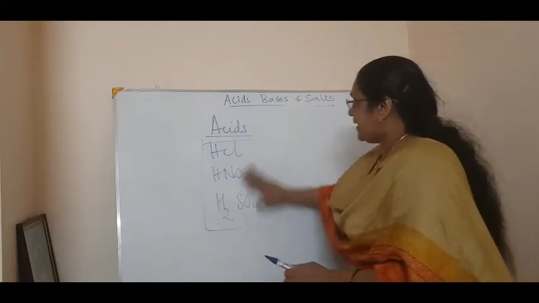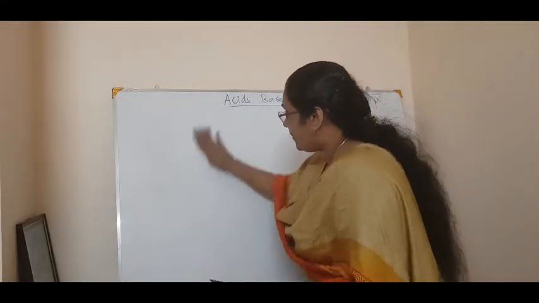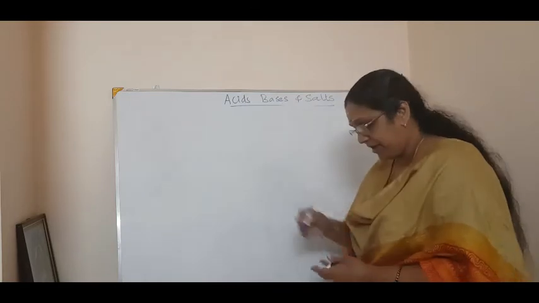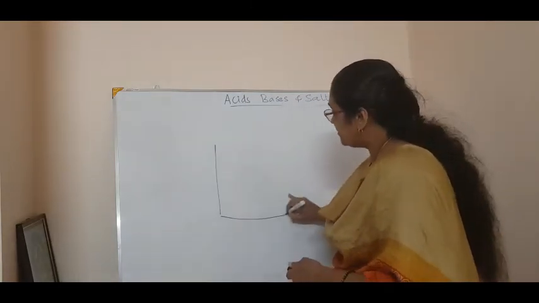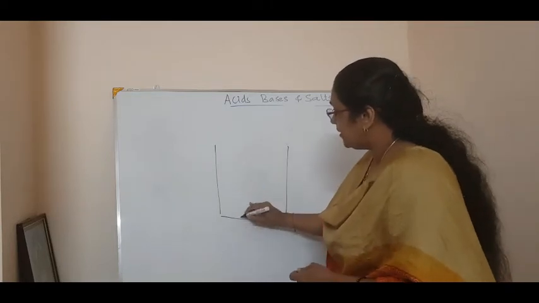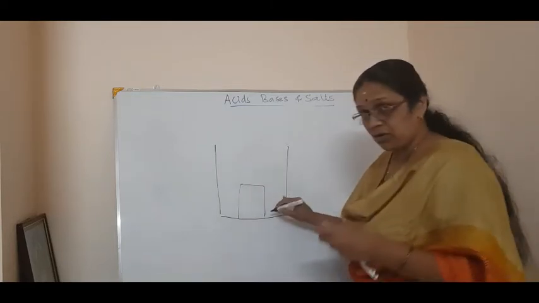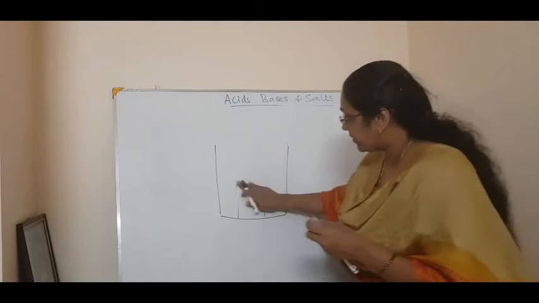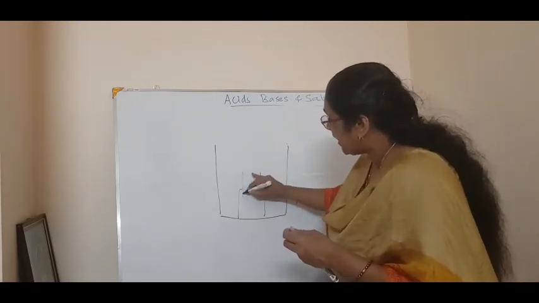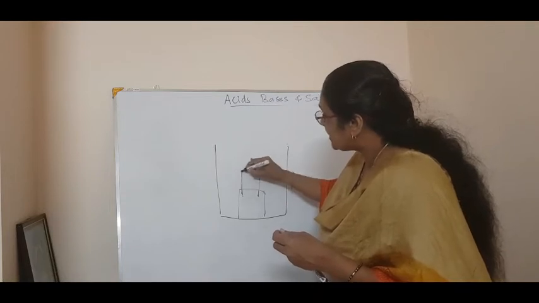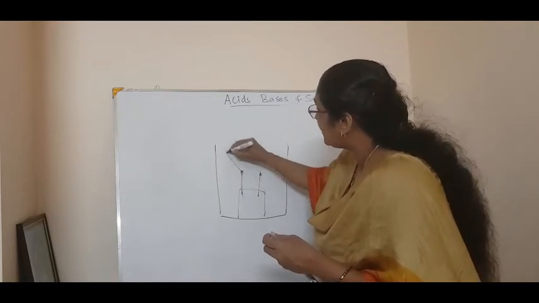You have a beaker, and in that beaker you have a rubber cork. You fix two nails into it, and you connect it with a battery.